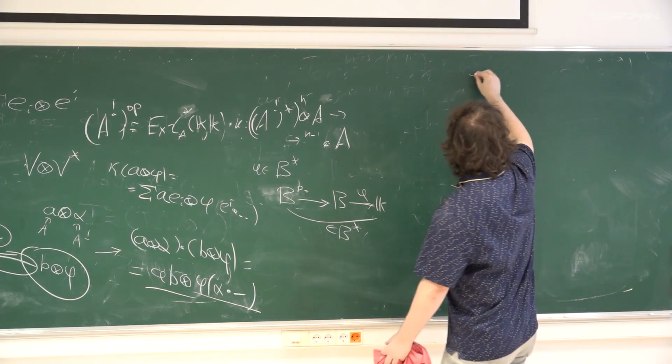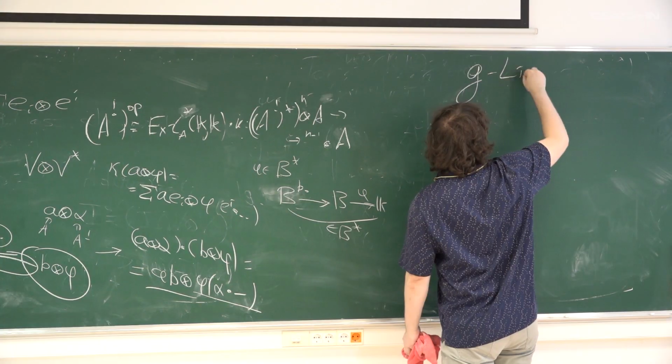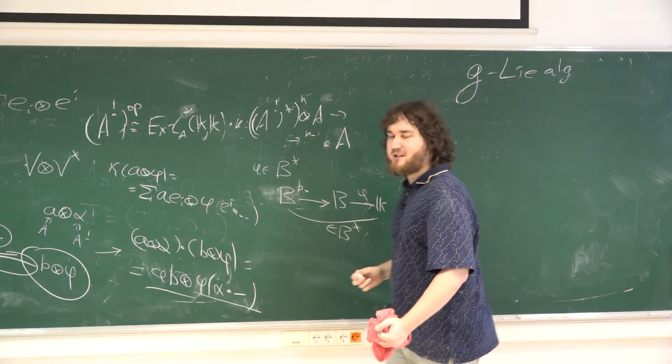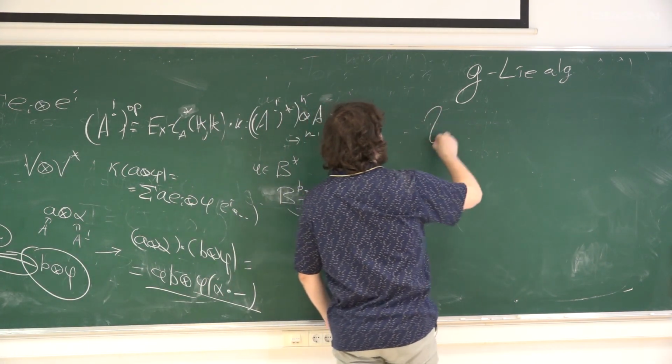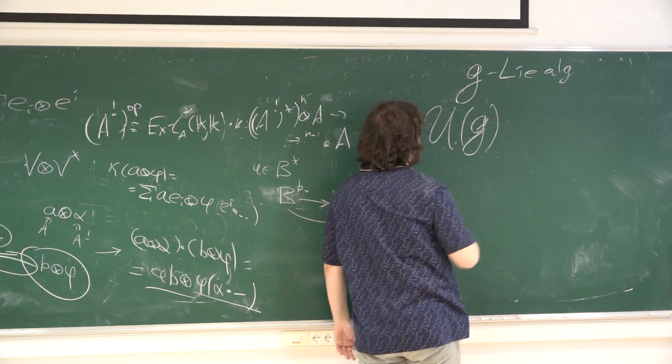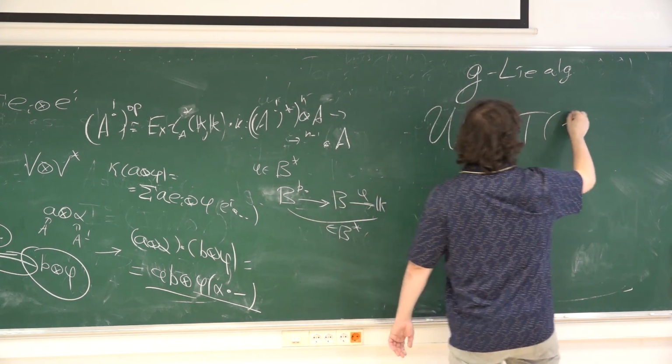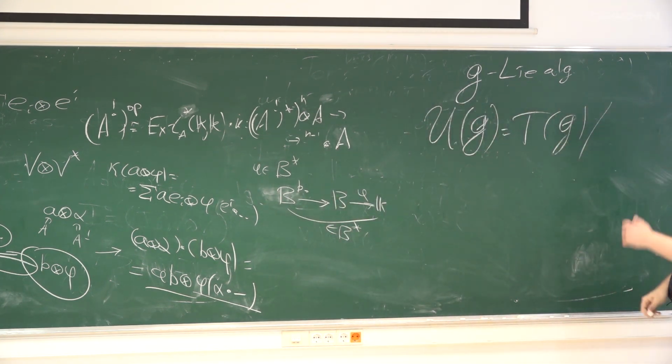It's an associative algebra generated by the same vector space, with the relations that the commutator in the algebra is the same thing as the commutator in the Lie algebra.